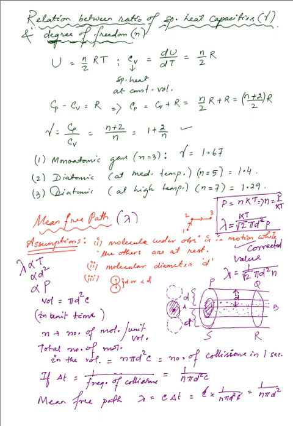It is also inversely proportional to the number of molecules per unit volume, because in the first expression we obtained, n was in the denominator. So actually the pressure term need not be considered because we have n. In either case we can take this or this; probably we can take the number of molecules per unit volume.